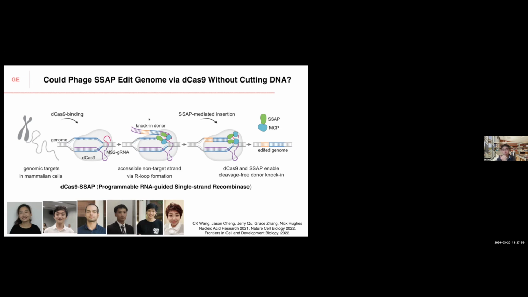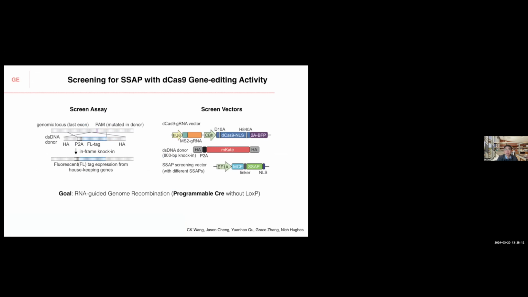The dCas9 will be programmable through guide RNA to target specific regions of the genome, and the SSAP will hopefully anneal the donor DNA, allowing insertion mediated by homology. Then we show that we can potentially insert a large sequence, such as, in this case, a fluorescent tag of about 1 kilobase into the endogenous genome through this homology single-strand annealing.